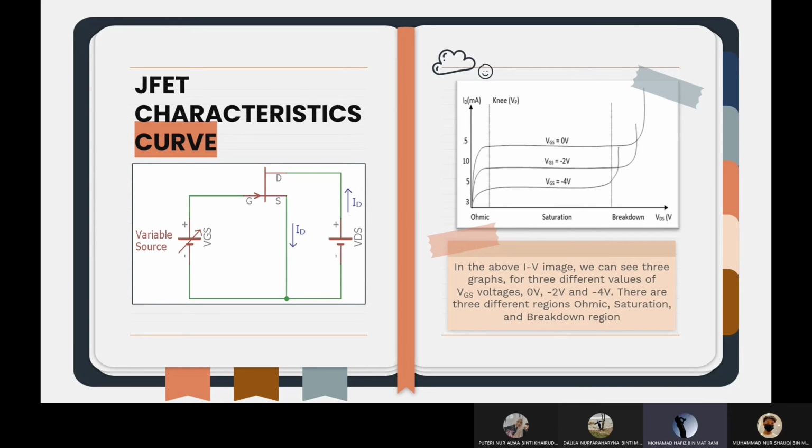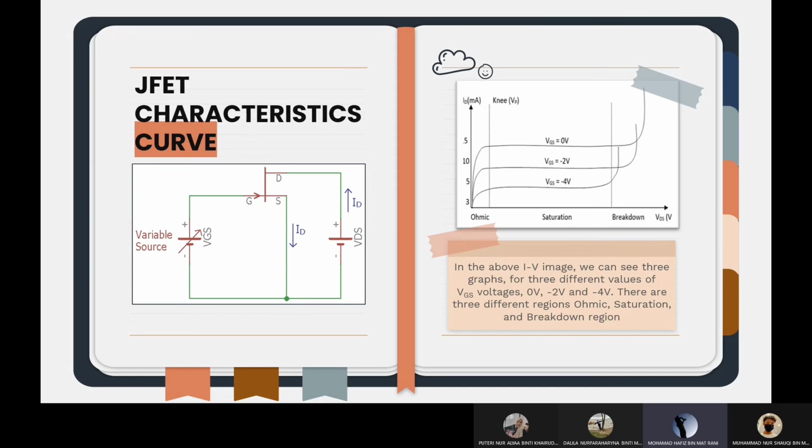In the ohmic region, the JFET acts like a voltage-controlled resistor, where the current flow is controlled by the voltage applied to it. After that, the JFET gets into the saturation region, where the curve is almost straight. That means the current flow is stable enough that the VDS would not interfere with the current flow.